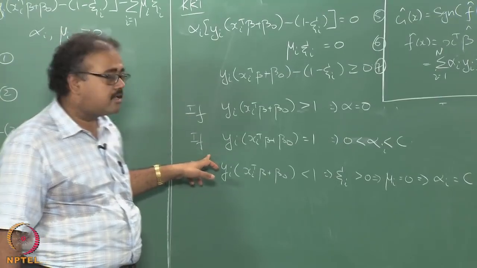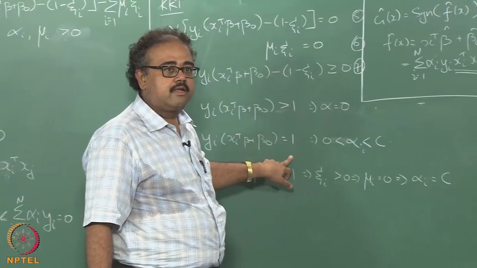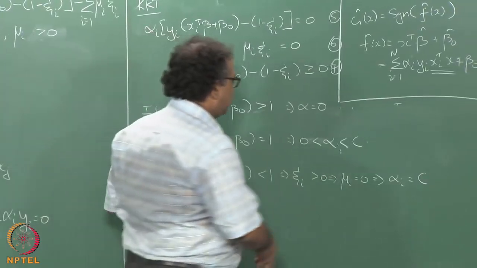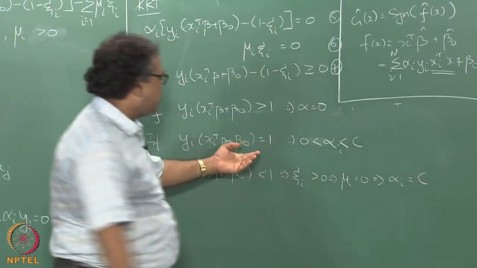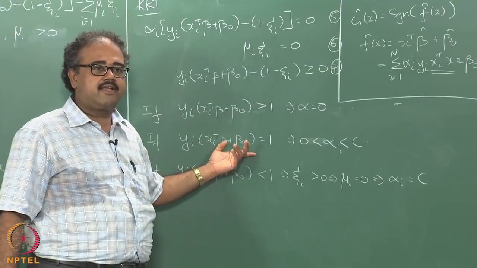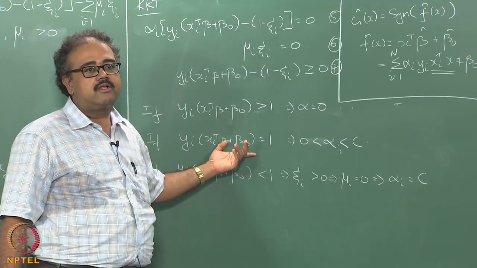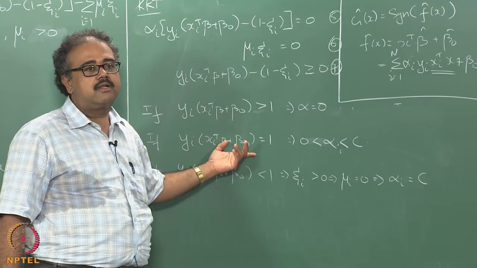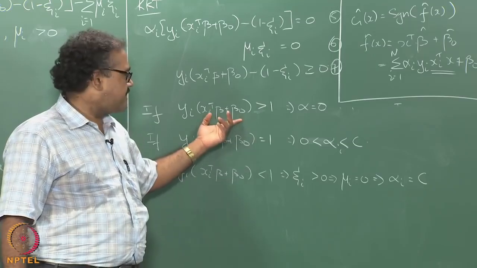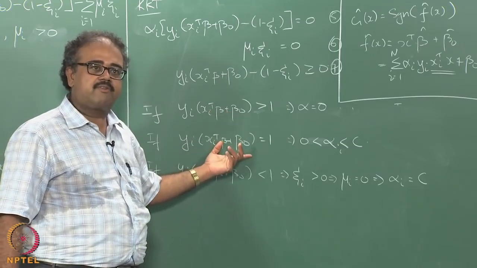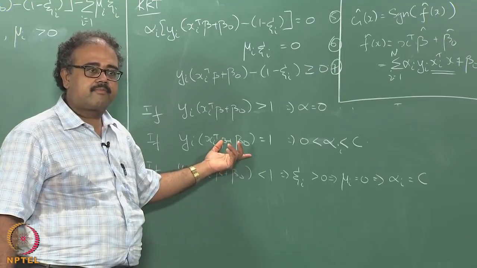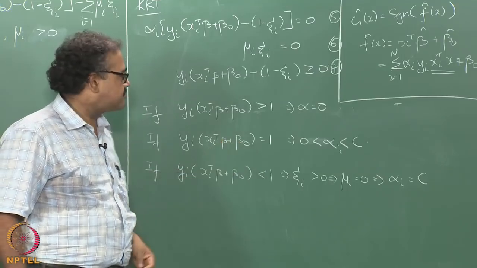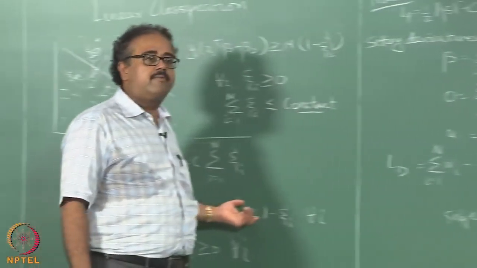In the second case, that eta i is at 0. This is because I don't want to penalize this case. In this case also xi will be 0, because what I really need is the condition greater than or equal to 1 minus xi.